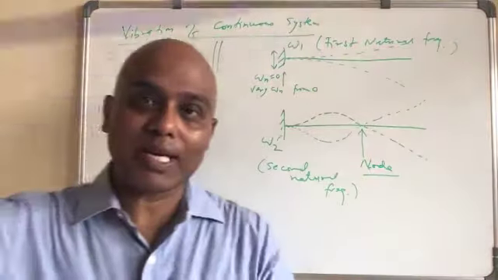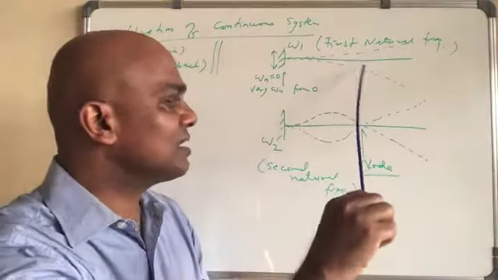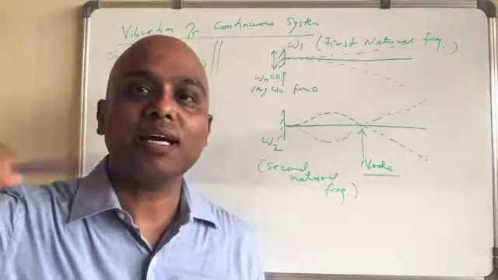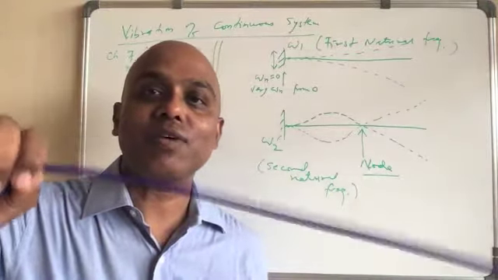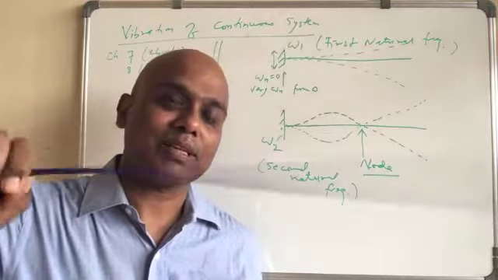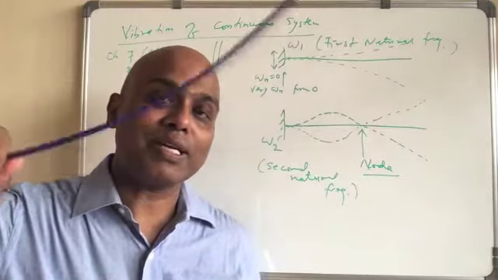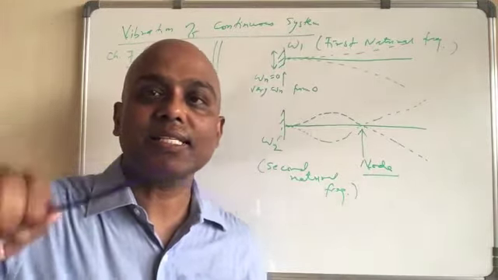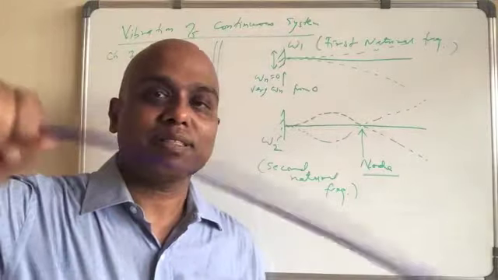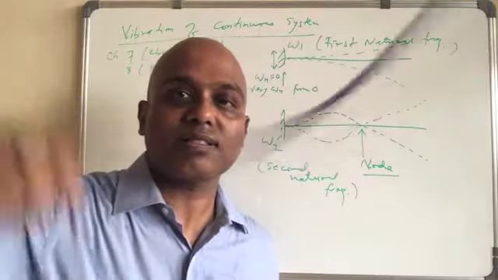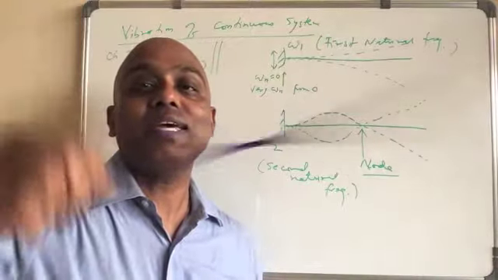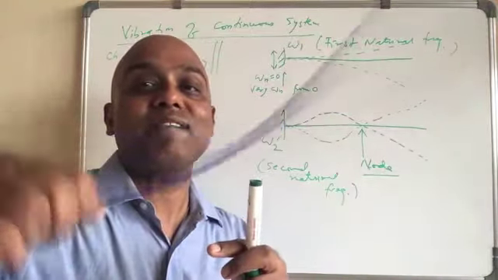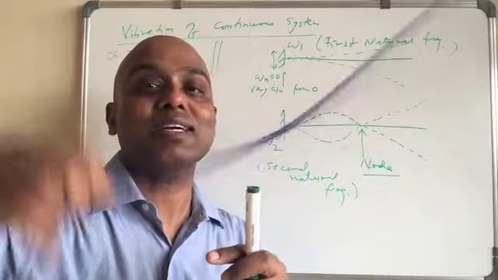I am going to show it again. In the first mode, the node is at the end only, where we are fixing it. Now we keep on increasing, and just hold on. See here, this is the node you are seeing.